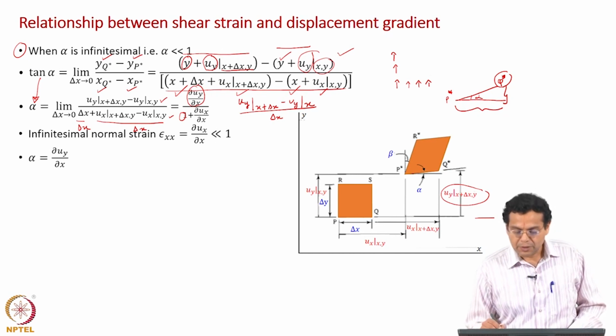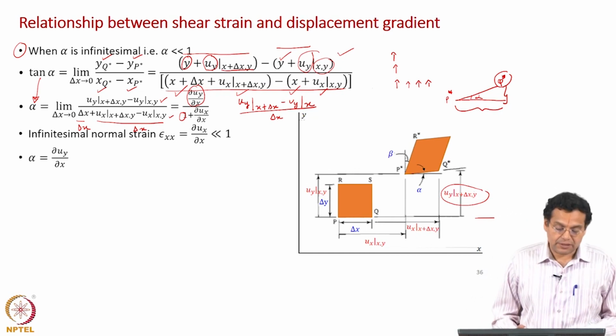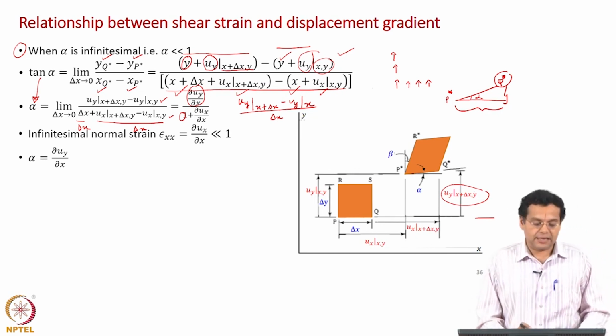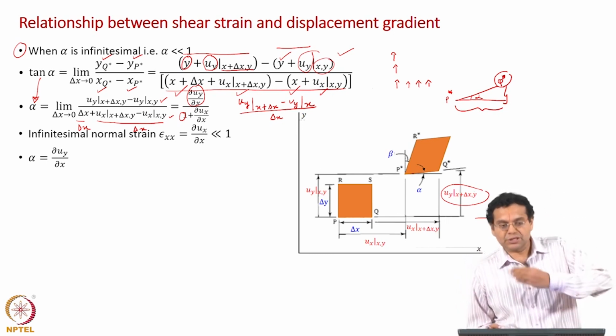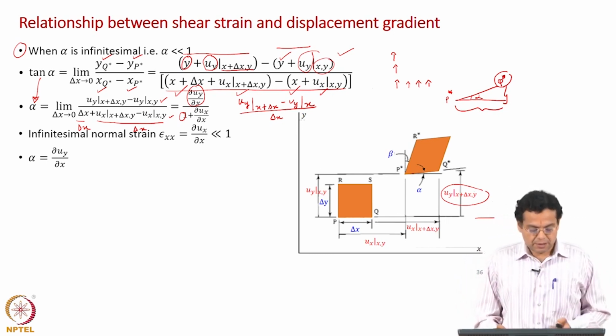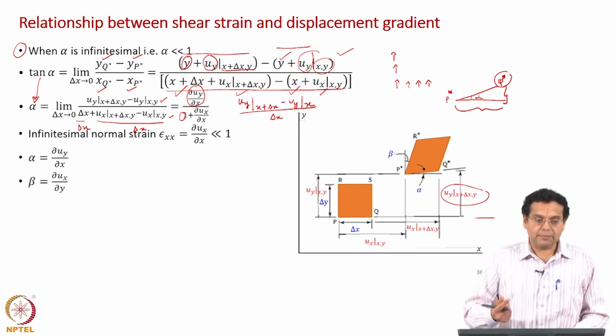Okay. So, the way in which the vertical displacement changes along the x direction, we have got a physical meaning for that, which tells you the rotation of the element p q. Now, repeat the same thing and you will get beta as dou u x by dou y.